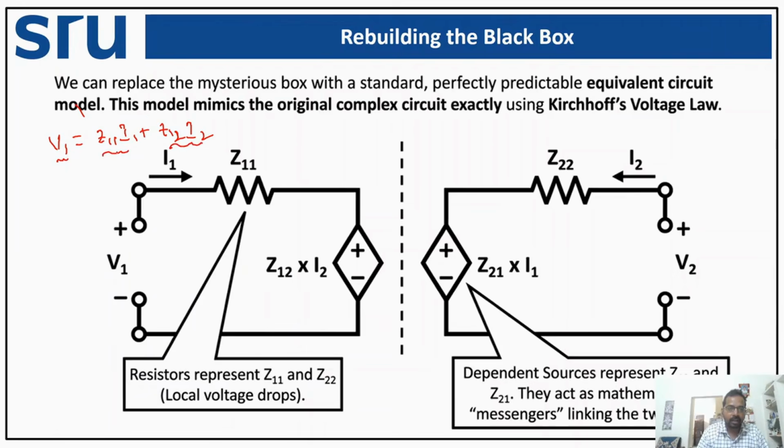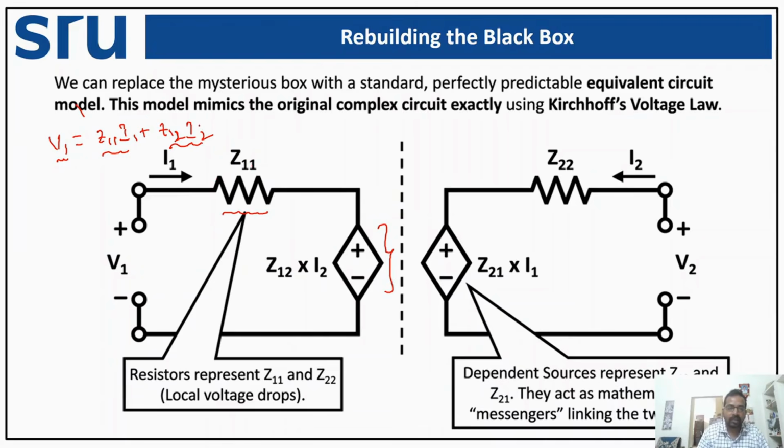If we apply Kirchhoff's voltage law, assuming we have a V1 input, we are going to have two voltage drops. As I1 current flows through it, this one we generally call Z11. So one of the voltage drops is Z11 I1, and another is due to I2.